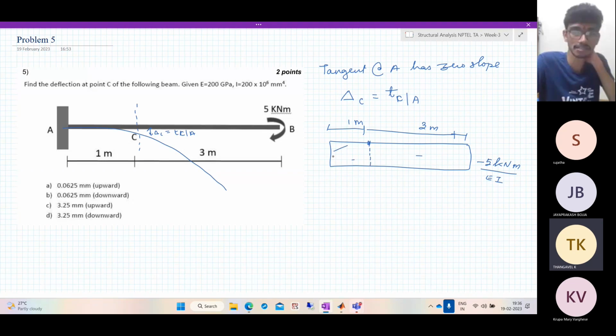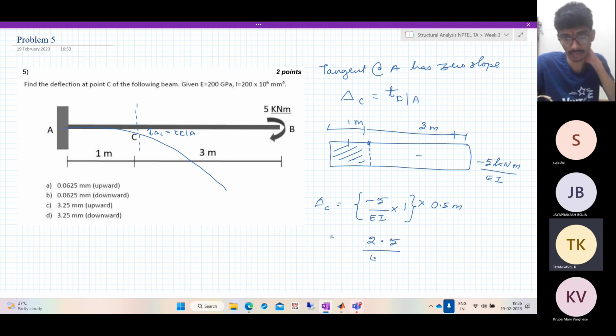Now, which area we should consider? This area. So what is delta C? Area is minus 5 by EI into 1. And where's the centroid? It acts at half. So it is nothing but 2.5 by EI.